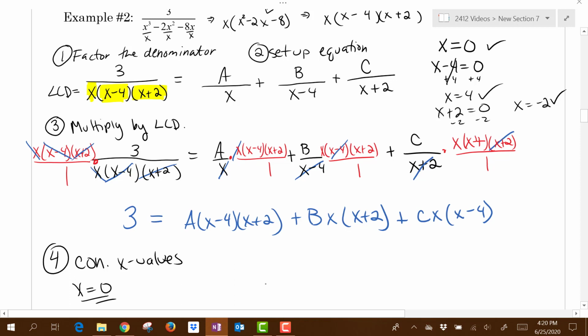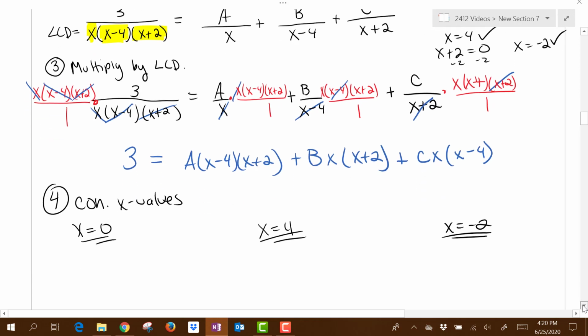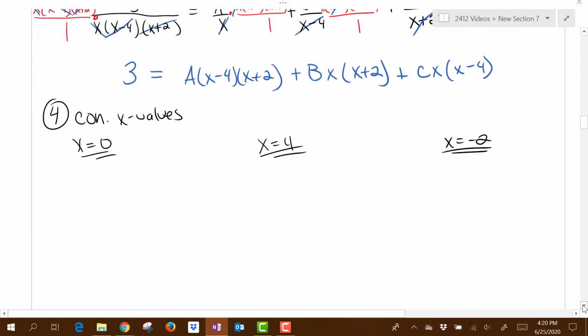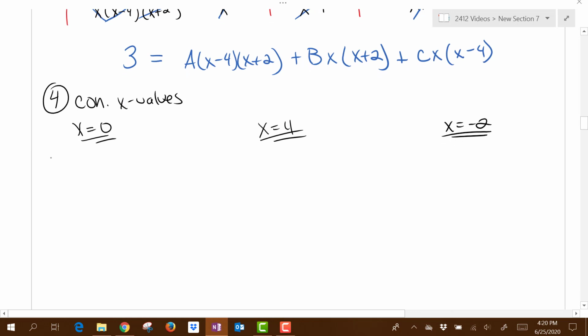There's another convenient x value. Once we determine those convenient x values, we're going to plug them into the equation that we see up there. So let's do 0 first.